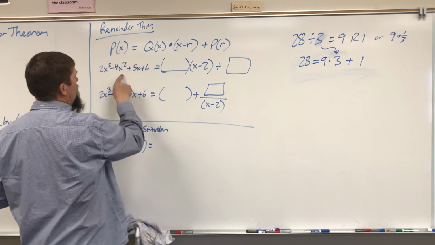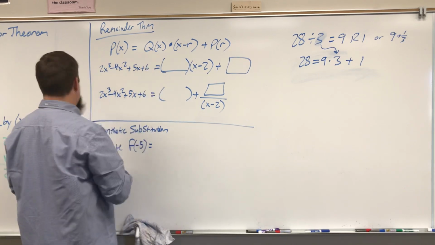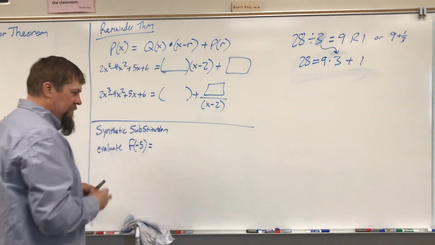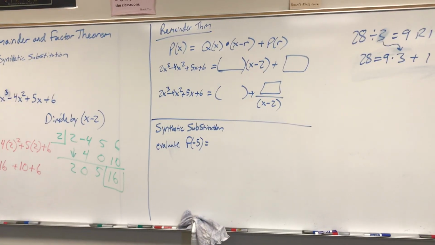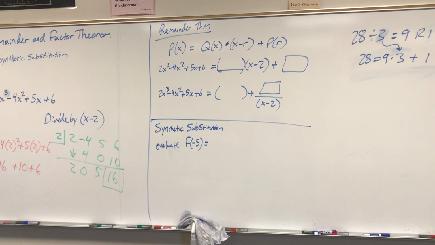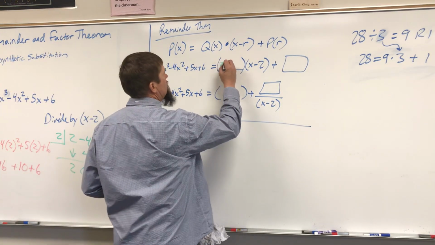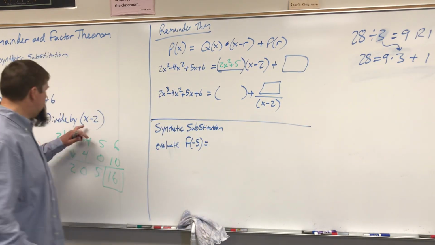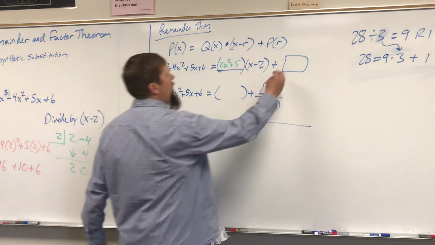So basically I'm talking about what I just did over here on my left. The p of x, the polynomial I just evaluated, is equal to, and the answer using synthetic division is 2x squared plus 5, times what we divided by, x minus 2, plus the remainder.